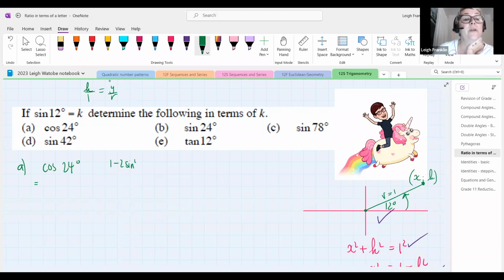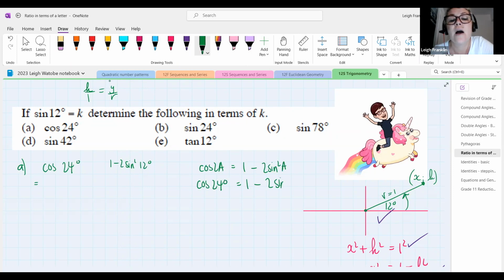Okay, not 24, 12. Because cos is 2a, yes, exactly. In other words, cos 2a is 1 minus 2 sine squared a. So you've got to halve the angle, don't you? So if you've got cos 24, you're going to have 1 minus 2 sine squared 12, aren't you?